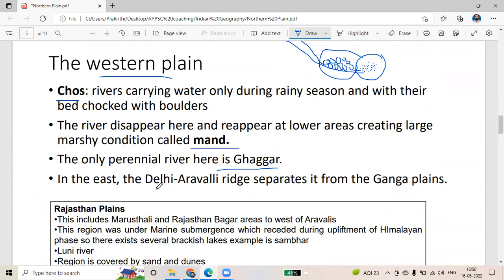That is actually the Delhi Aravalli range.